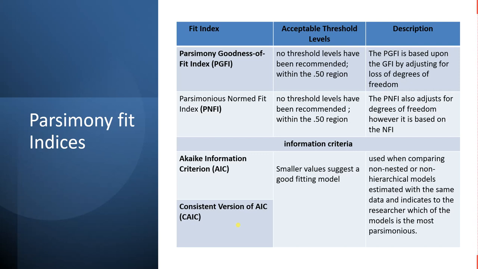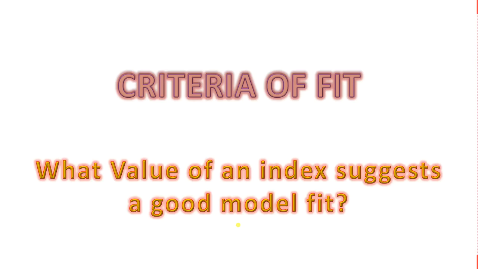So these are the model testing procedures. Now, since I have discussed so many names and remembering all of them may be a little difficult, I have created a slide on what the criteria of fit should be. Just remember that the model fit indices are of three types: absolute fit indices, incremental fit indices, and parsimony fit indices.